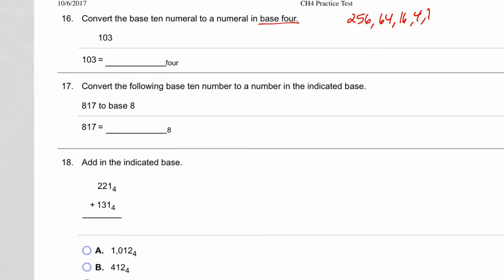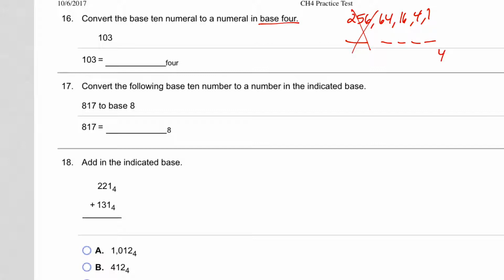Oh, 256 is too big. We don't have enough. 103 as a quantity is not enough to make a place value in the 256 spot, which is the 5th spot. We don't need that.